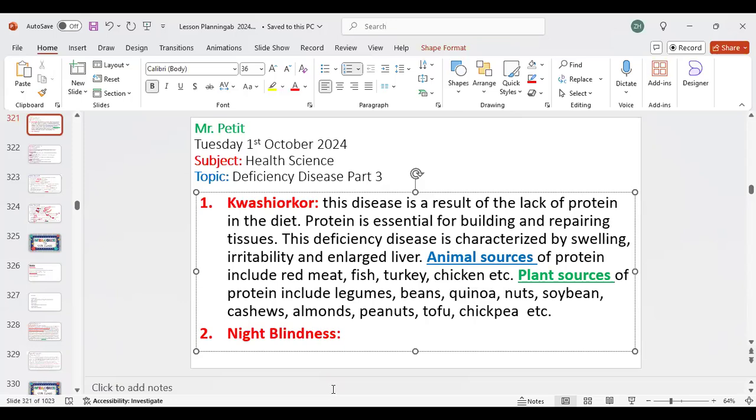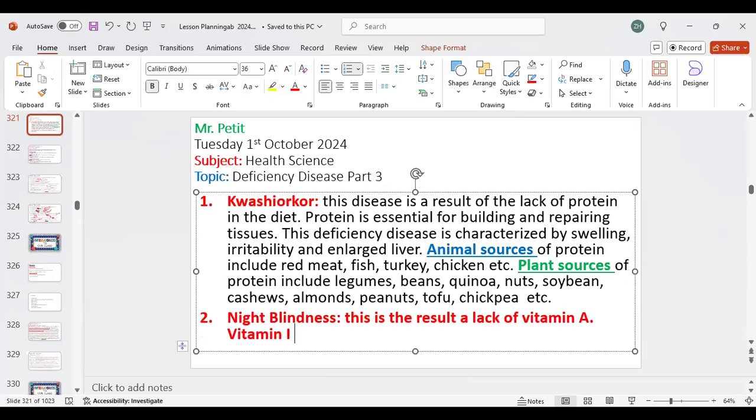So, vitamin A is essential for vision, right? This is the result of a lack of vitamin A. Vitamin A is helpful or important for vision.